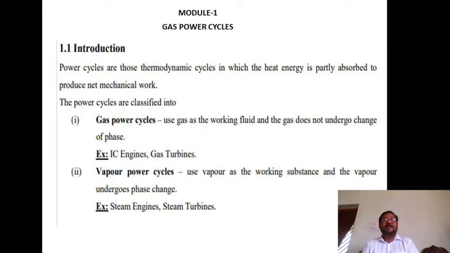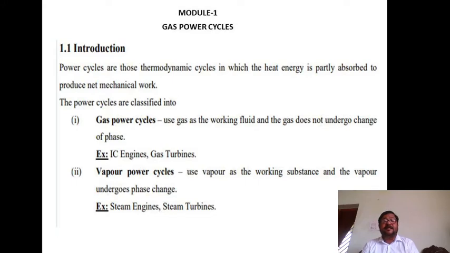Come to the gas power cycle. Why is it called a gas power cycle? Gas power cycles are the thermodynamic cycles in which the heat energy is partly absorbed and converted into mechanical work. That is called the gas power cycle. And power cycles are classified into gas power cycles and vapor power cycles.